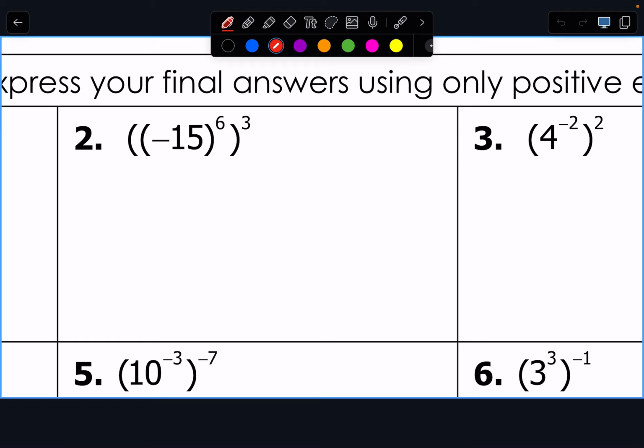Elaine, what's our new exponent for negative 15? 18, okay? Now, if we have a negative base, you need to make sure that there's parentheses around it because it does affect the outcome. So will you please make sure that around negative 15 there's parentheses along with your 18th power?